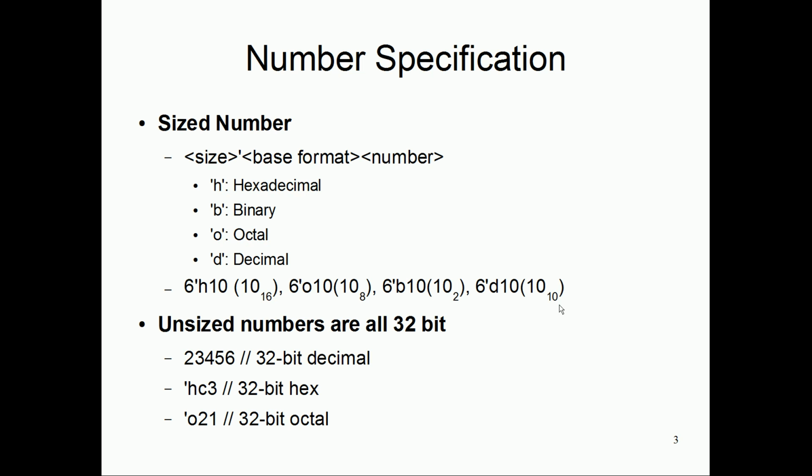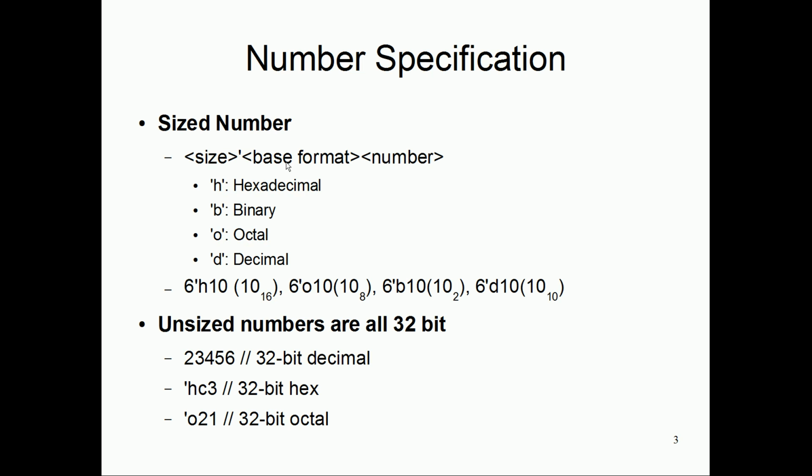It supports all these four formats of any number, and it is good to specify the notation with the size, base format, and a number, with a little tick between the size and the base format.